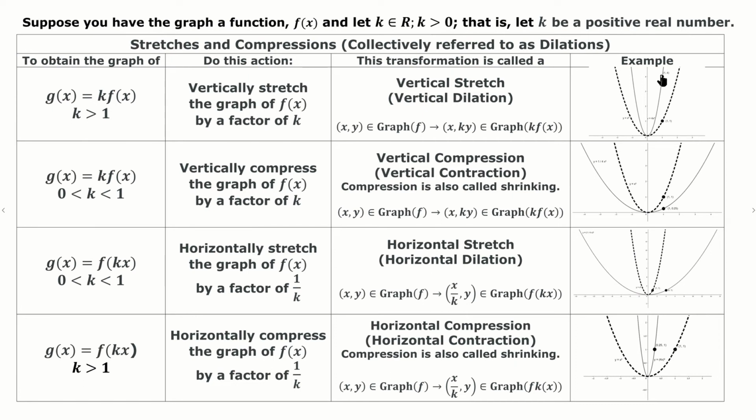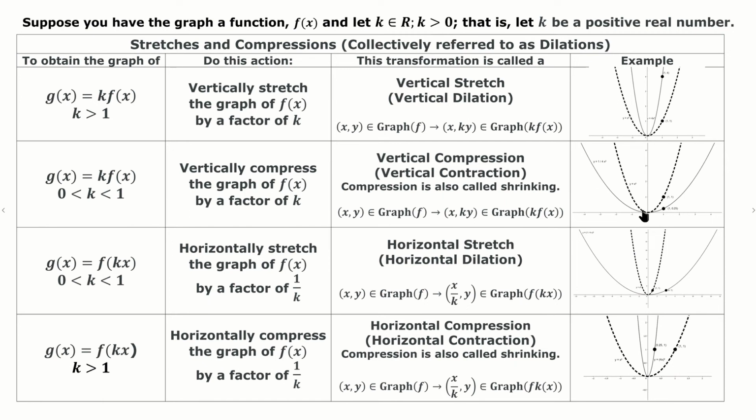Now, if the value of k happens to be between 0 and 1, for example, if you multiply the y value by a half, then all the y values are going to get halved. So what's going to happen? Vertically, these y values are going to get smaller and smaller compared to those, at a fixed rate of whatever it is you're multiplying by.